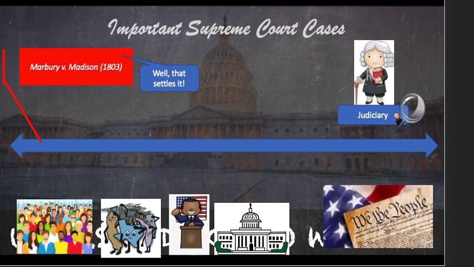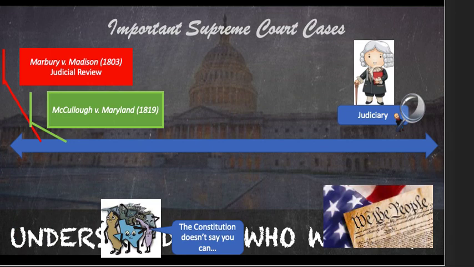And so we established this principle of what we call judicial review, which ultimately says that in the American government, the Supreme Court makes the decision. We call it judicial review. Settled in 1803 by the judicial branch, saying that the judicial branch is in charge.